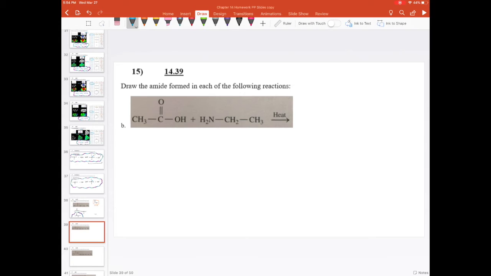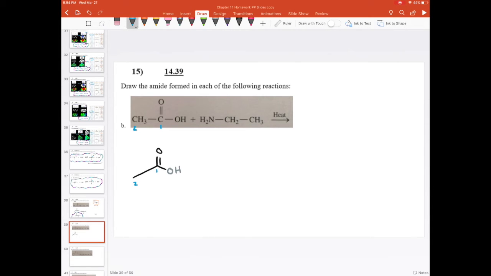Now these reactions are really all going to be the same process. The only difference are the carbon chains coming off of either the carboxylic acid or the amine. So in this case, let me redraw these as skeletal structures. So I have two carbons there. That means I've got those two, double bond to oxygen, single bond to OH. Just to be sure, I've got that 1, 2.